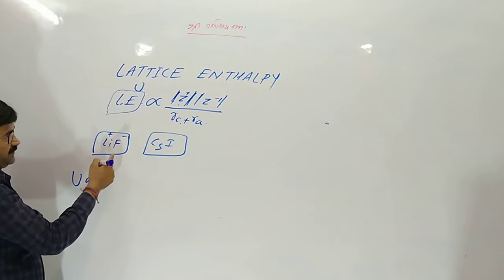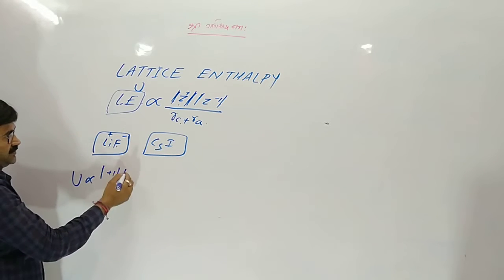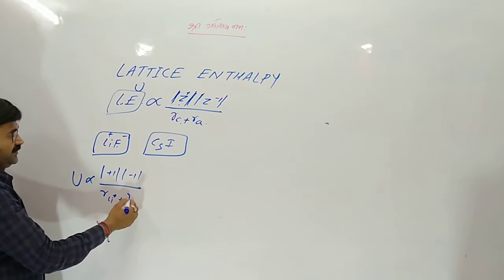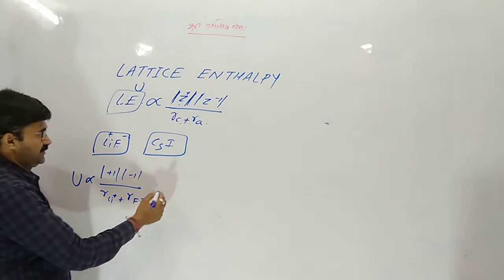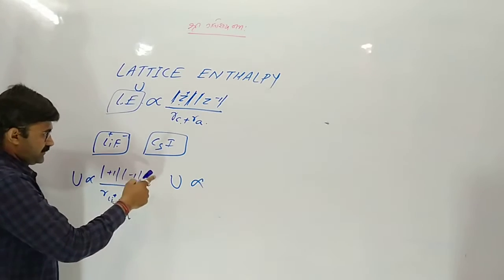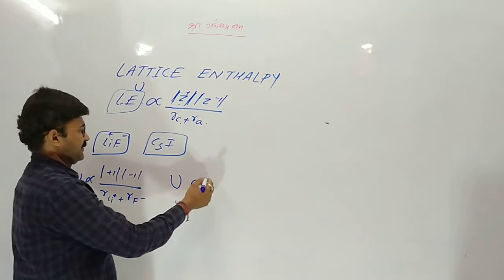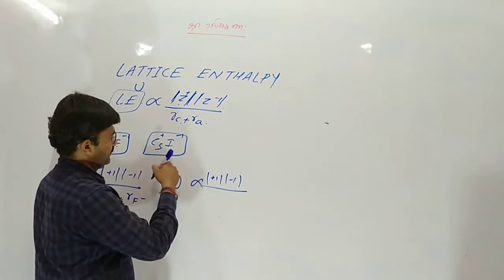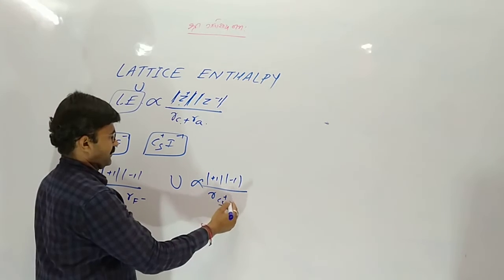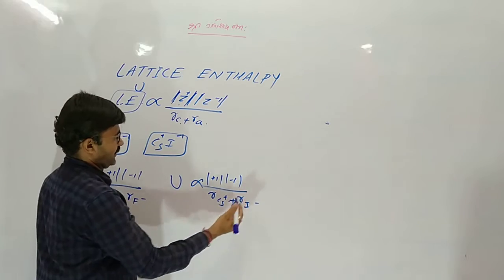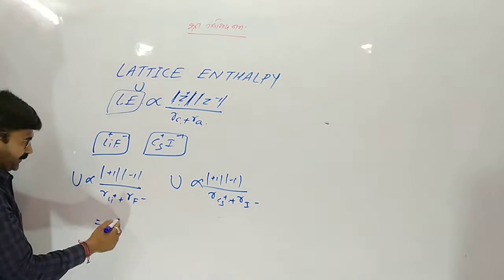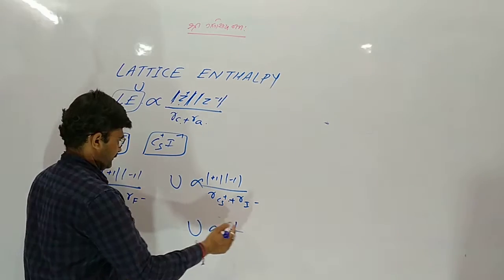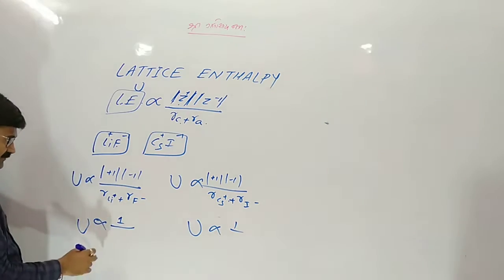Charge of lithium is +1, charge of fluorine is -1, over radius of Li plus and radius of F minus. For cesium iodide, charge +1 and -1 over radius of cesium and radius of iodide. The upper part is 1 in both cases, 1 into 1 is 1.